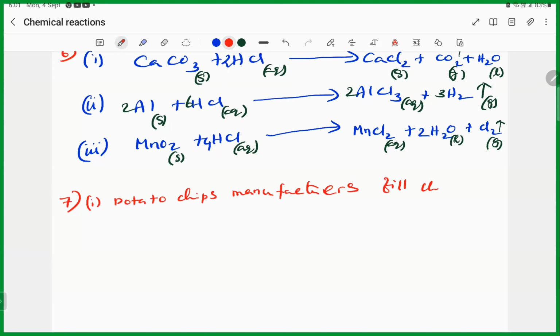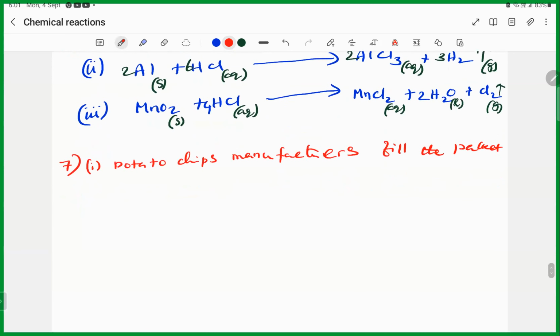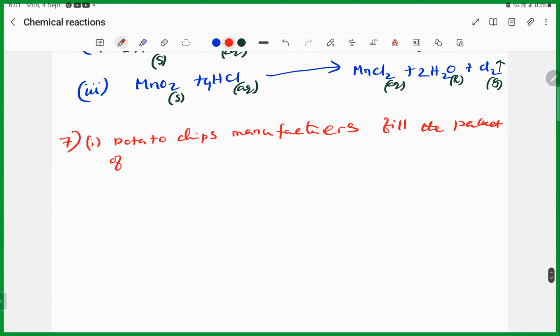Fill the packet of chip with nitrogen gas. Why?